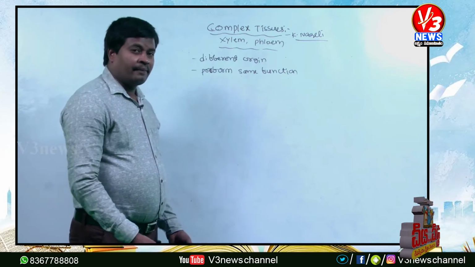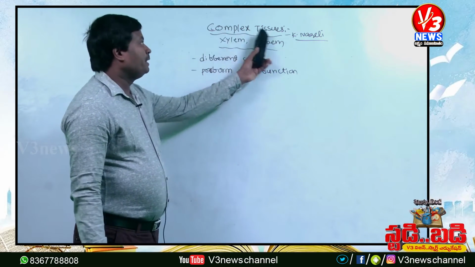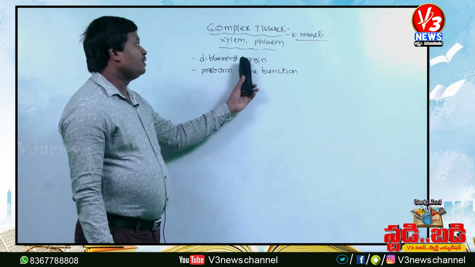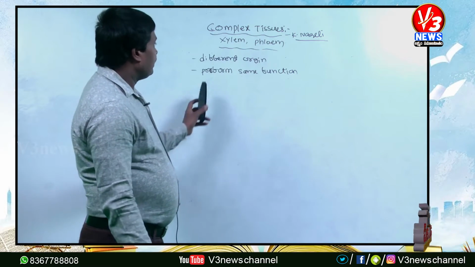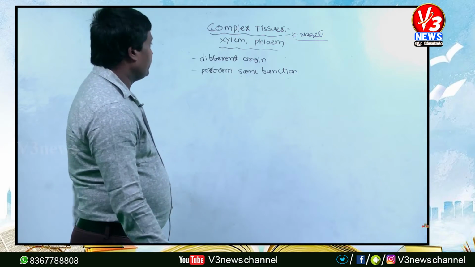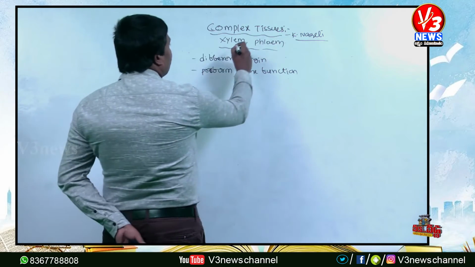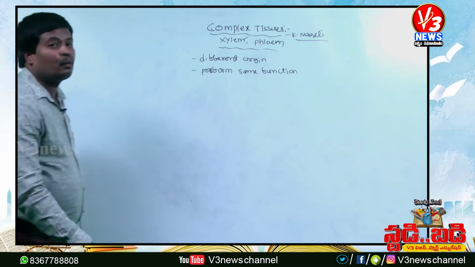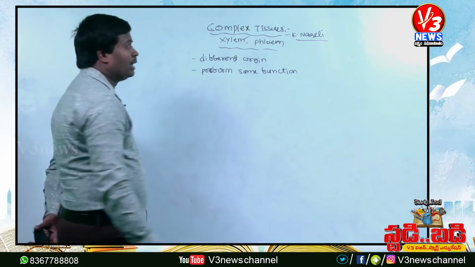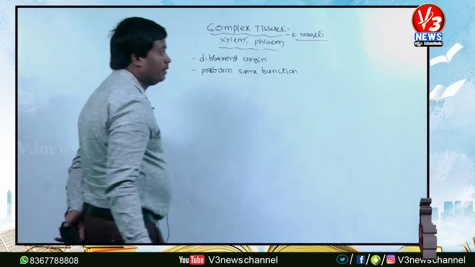But complex tissues originate from different types of cells and perform the same function. What are the two types of complex tissues? Xylem and phloem, together known as a complex tissue. Complex tissue was discovered by Carl Nageli.